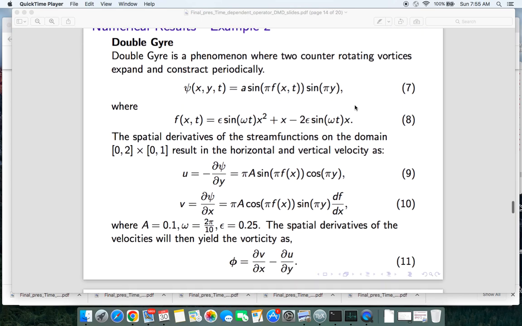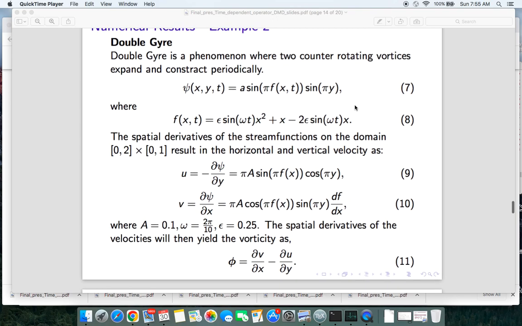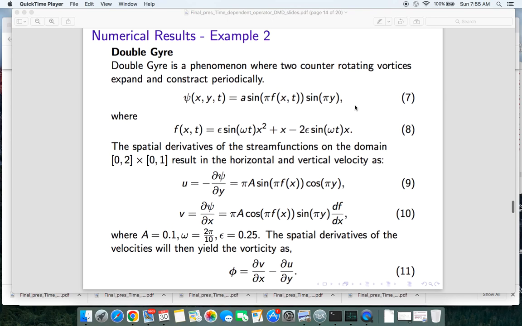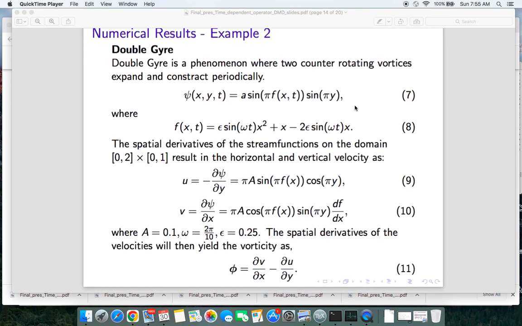Here are some relevant equations that are used to model the dynamics of double gyre. The spatial derivatives of the stream functions.